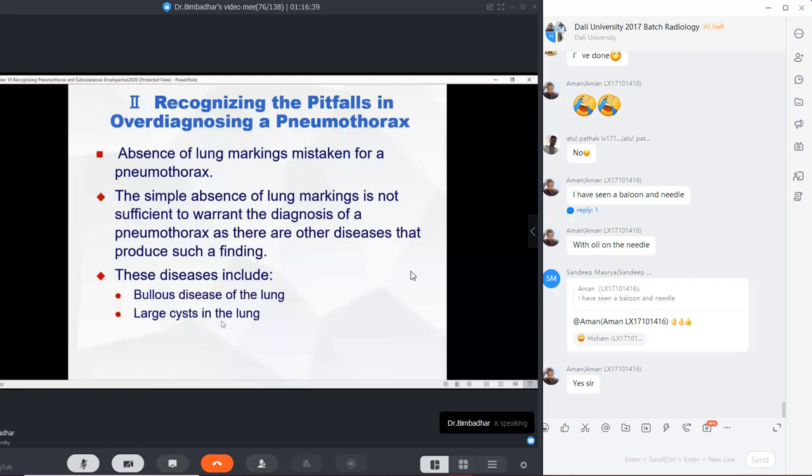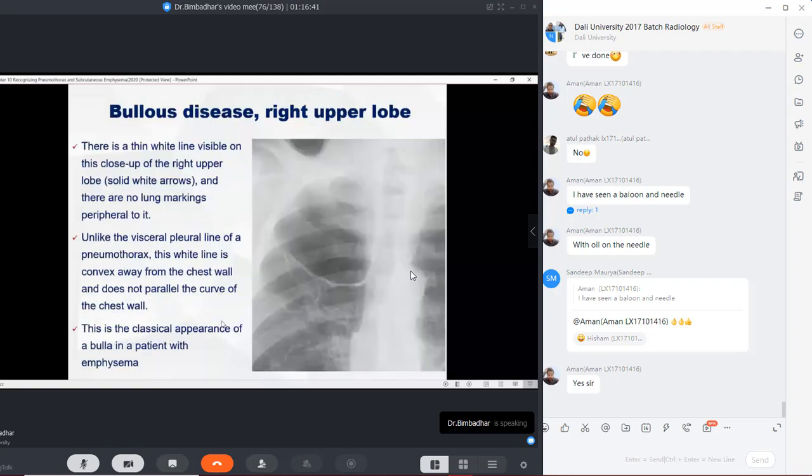You see here, this is a bullous disease of the lung, but this is not a pneumothorax. Pneumothorax will actually show a visceral pleural line. Can you see the visceral pleural line here? No. The visceral pleural line is running perpendicular to the chest wall and perpendicular towards the hilum. So this is not a pneumothorax.